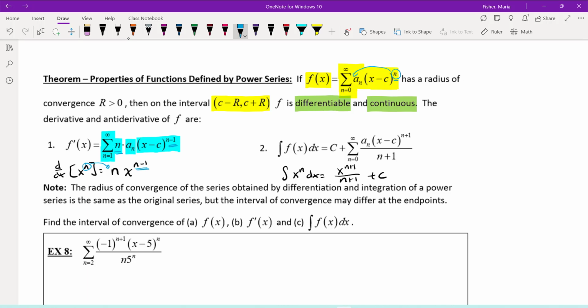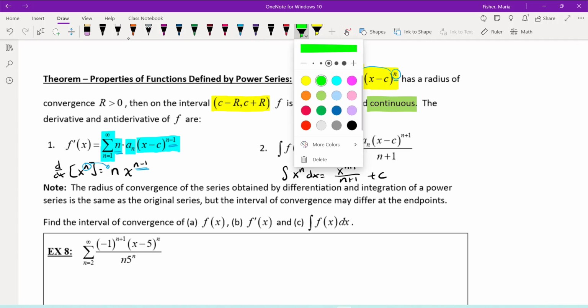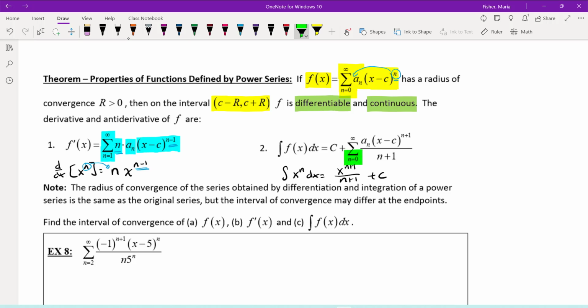The integral of f of x dx is going to equal the sum from n equal 0 to infinity of a sub n times x minus c to the n plus 1 all over n plus 1, and then plus the constant of integration. So that we don't get it confused with the series, we put that constant of integration in the front. But if you think about it, it's the same thing that happens with the power rule for integrals, right?